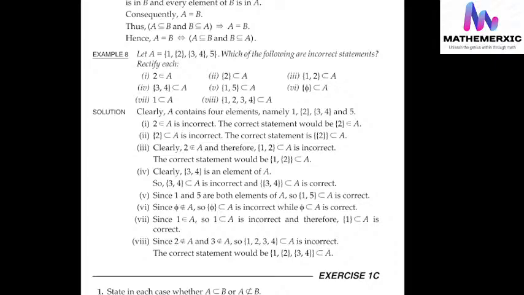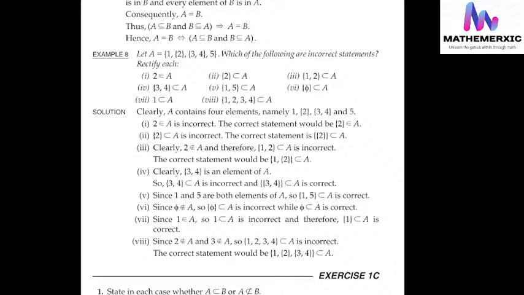So in the sixth question we have 5 in curly brackets: {5} is a proper subset of A. 5 does not belong to A. So question number 6 is a better question, I would say, in this case.